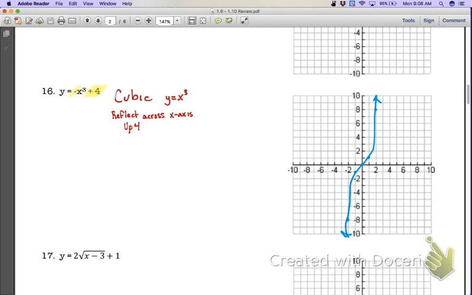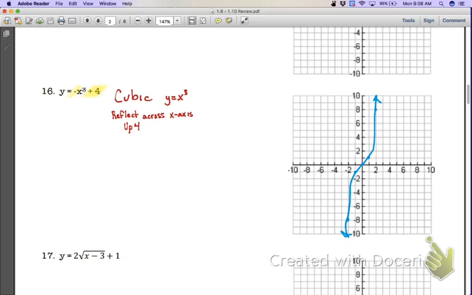So then whenever you graph the other one, you can do one of two things. You can take what you have as far as your original, reflect it, and then move it up 4, or you can just plug in values. It's really that simple.